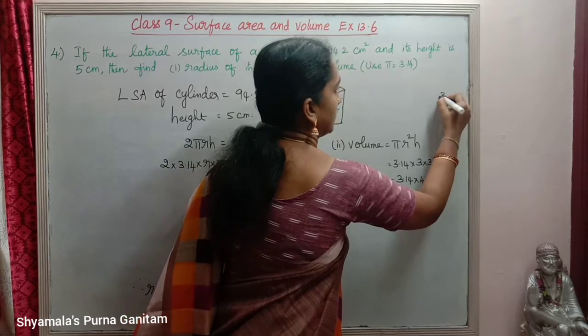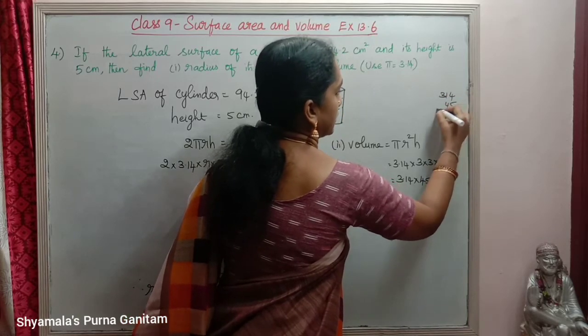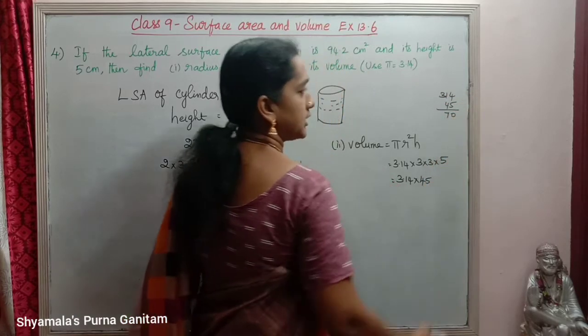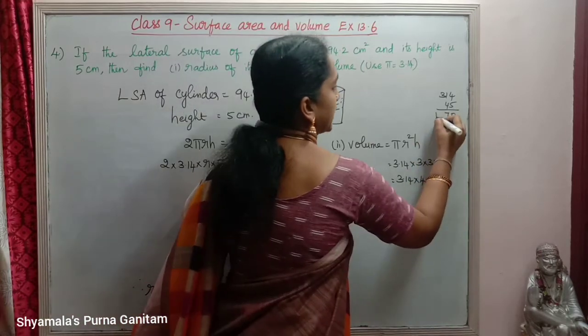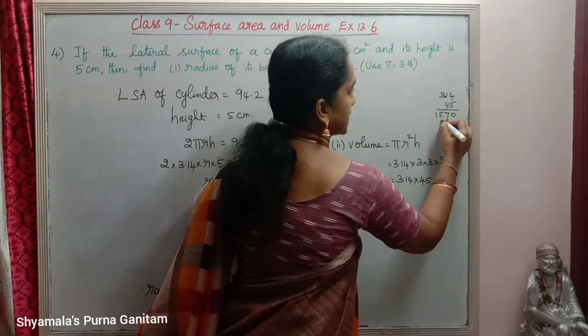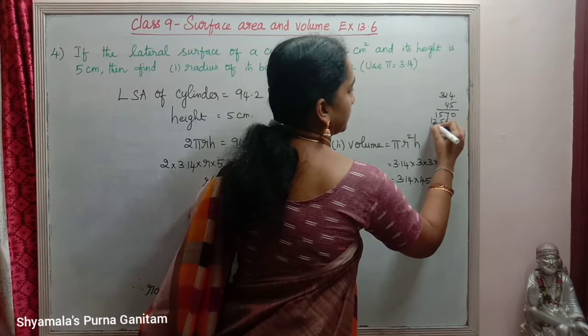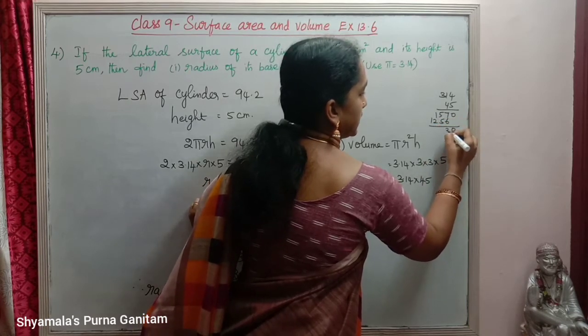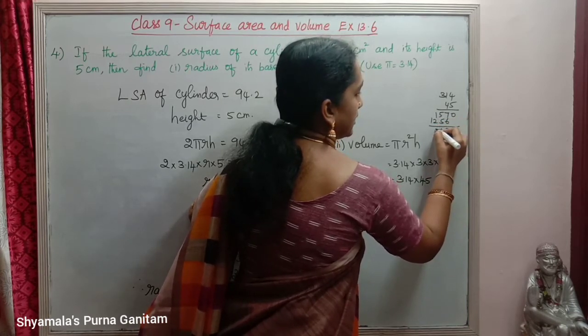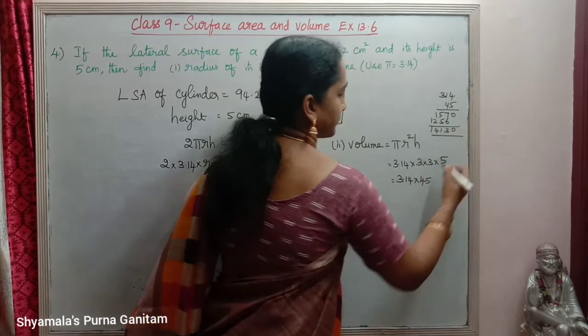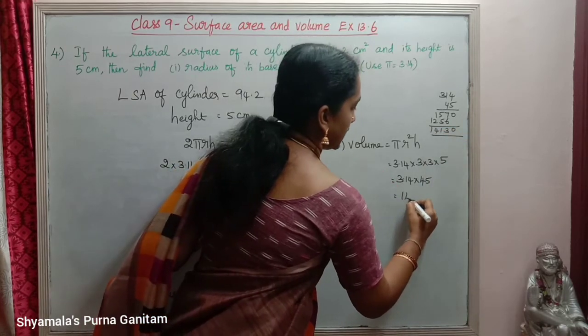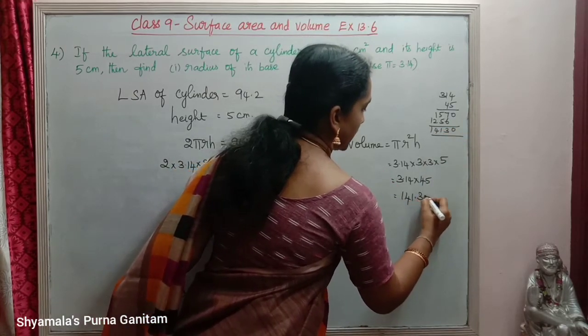So 314 into 45. 5 fours are 20, 5 ones are 5 plus 2, 7, 5 threes are 15, 4 fours are 16, 5, 12. So it will be 141.30.